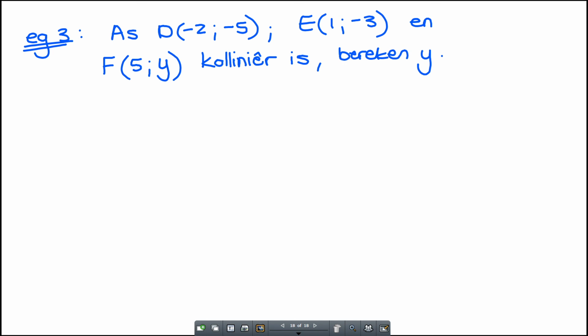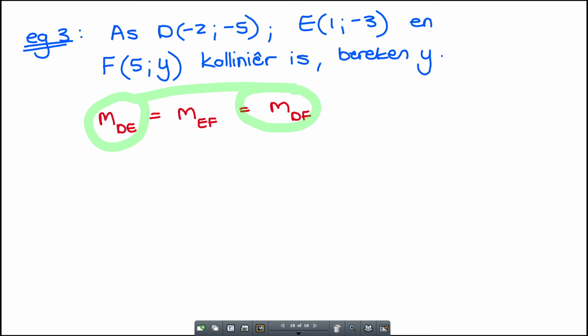If it's collinear, it means gradient is the same, né? Ek gee vir jou 'n hint. Because they're collinear, the gradient of DE will be the same as gradient of EF and the same as gradient of DF. So jy kan enige een van hierdie kombinasies gebruik. Jy kan daai tweeetjies gebruik, of jy kan die tweeetjies gebruik, of jy gebruik daai ene en die ene.